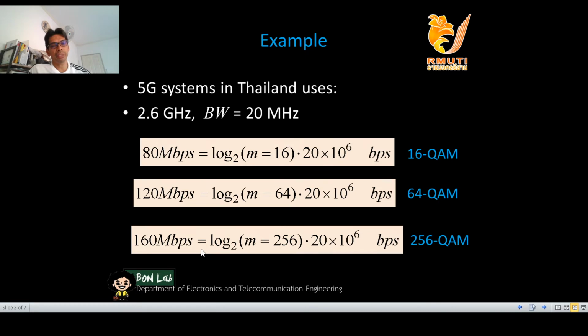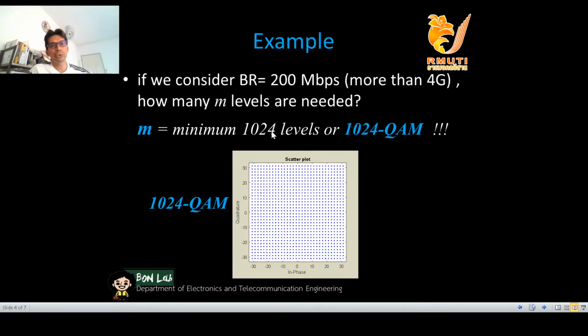160 megabit per second. And what about the 200 megabit per second, which is more than 4G now in Thailand? What M do we need here? If you have a calculator, you will get it. The minimum M we need is 1024 levels, or 1024 QAM, and the density is a lot here.